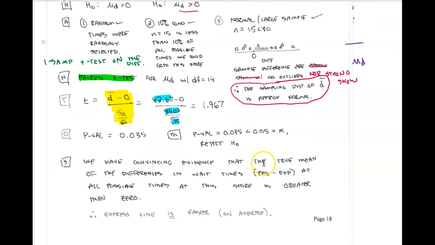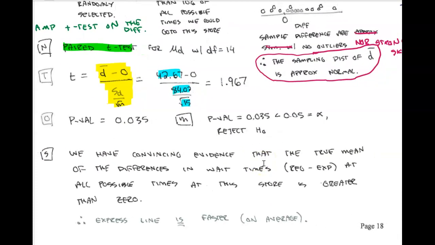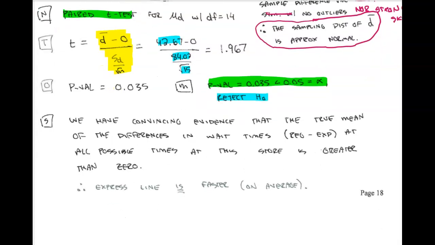Now let's do our conclusion. I'm going to compare the p-value to the alpha value. Explicitly do this, or you will lose a point on the AP test, guaranteed. Statistical conclusion is to reject the null.